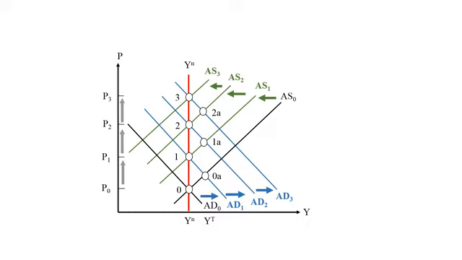However, according to the figures we analyzed, demand pull inflation occurs at times when the unemployment rate is lower than the natural unemployment rate, and cost push inflation occurs at times when the unemployment rate is higher than the natural unemployment rate.